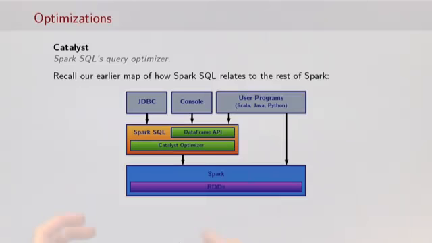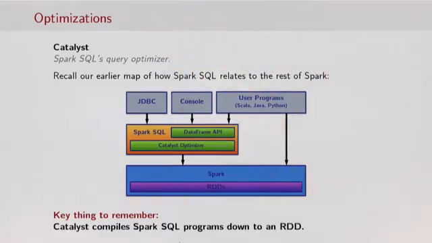And these highly optimized RDDs are arrived at by this Catalyst optimizer. So on the one hand, we put in relational operations, Catalyst runs, and then we get out on the other end RDDs. So what's important to remember is that Catalyst compiles Spark SQL programs down to an RDD.